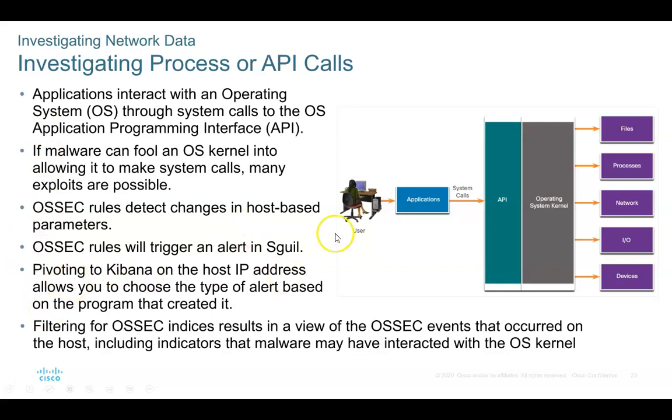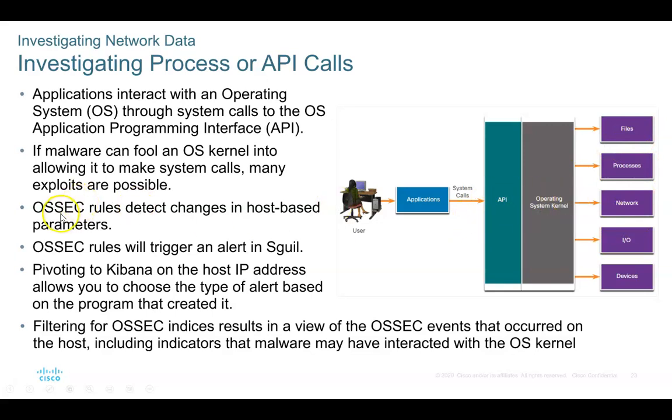Because if a malware can fool the operating system kernel to get in and have access, if someone is able to use the APIs to get into the operating system and have access to the hardware, input-output devices, the network, and the processes, they'll be able to do that.